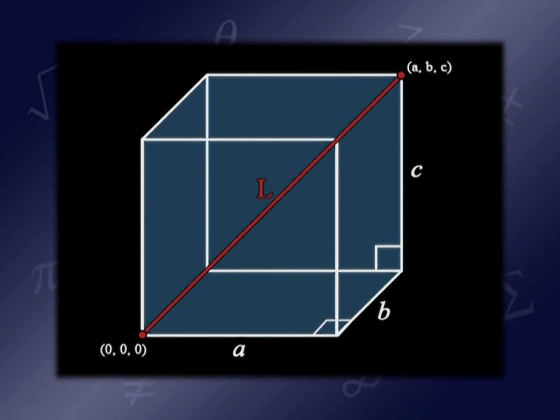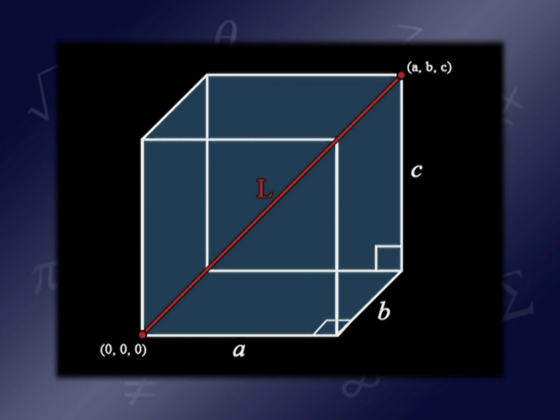All right, let me put it in more mathematical terms. Let's say I want to calculate the length of a line from the point 0, 0, 0 here in 3 dimensions to the point A, B, C over here in the 3rd dimension. Here's A, here's B, and way up there is C. Okay? So that sounds like a hard problem, right? We're not in the plane anymore, we're in 3 dimensions.